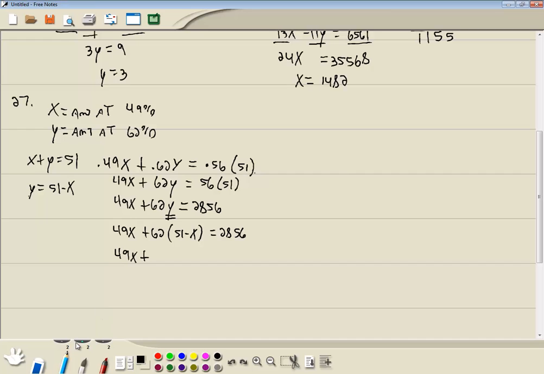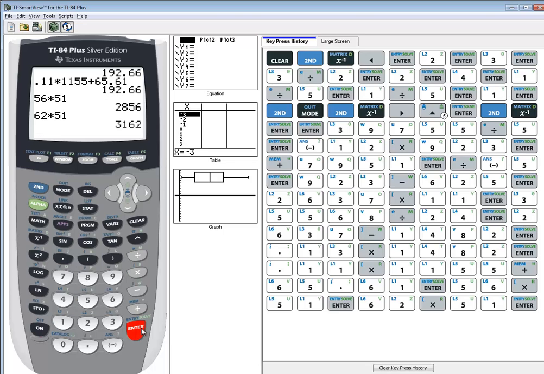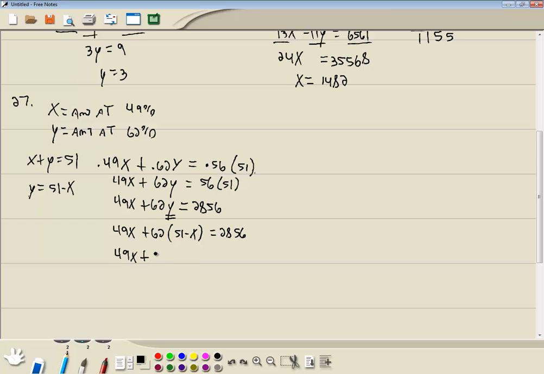Distributive property, 62 times 51, so 62 times 51, 3162, minus 62x equals 2856. Combine like terms, 49x minus 62x is negative 13x.